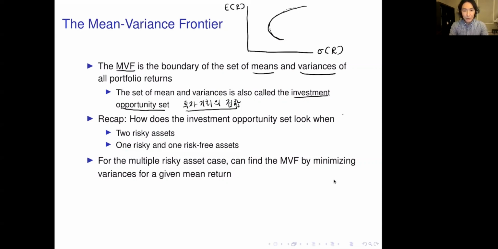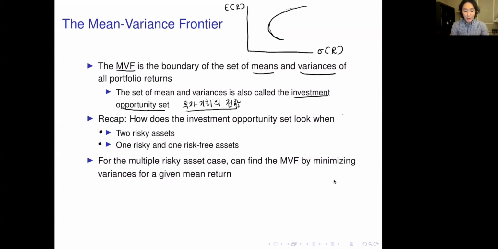So we will first look at very simple cases. 이 간단한 경우들이 어떤 경우냐면요. 먼저 two risky asset case. We will begin with the two risky asset case and also take a look at one risky and one risk-free asset, and we will combine them.